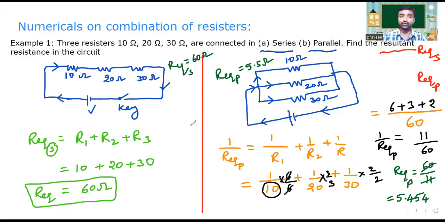Here my question to you: in which combination will the equivalent resistance be greater? Answer me. Unmute and answer. In which combination of the same resistors do you get the lowest resistance or the highest resistance?